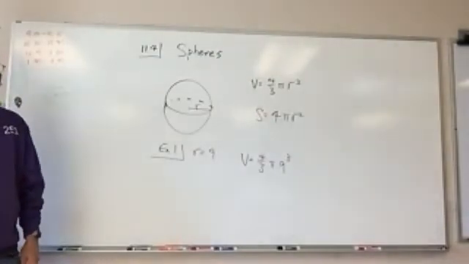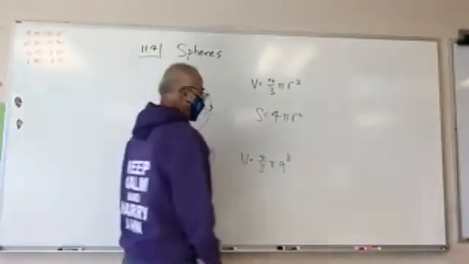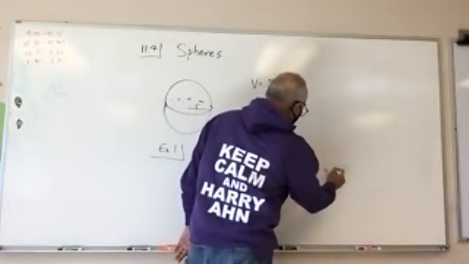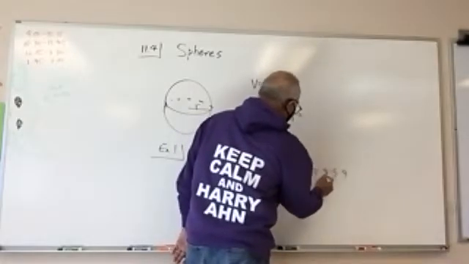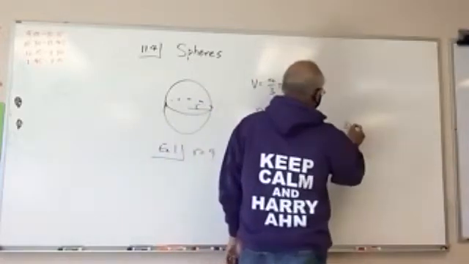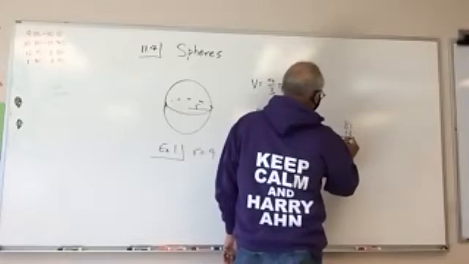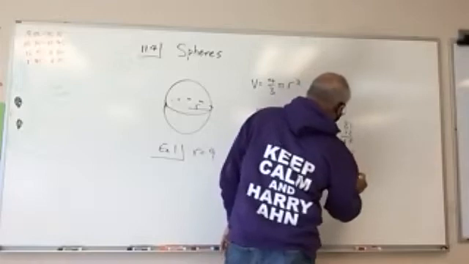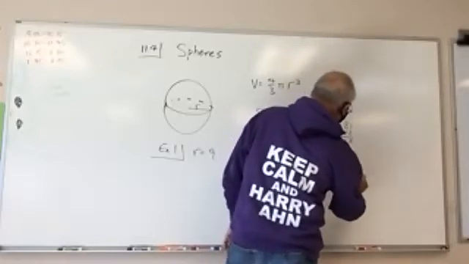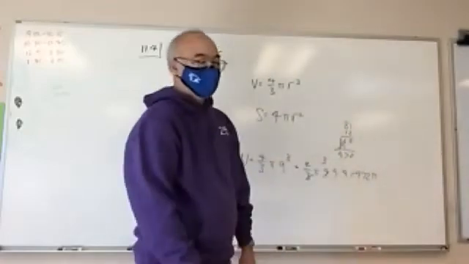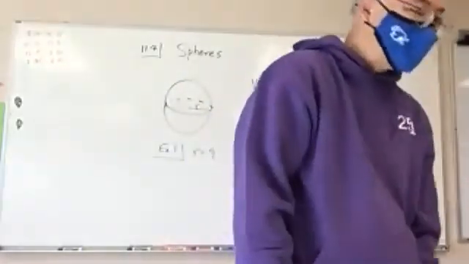It's going to be 4/3 times 729, which is 972 pi.